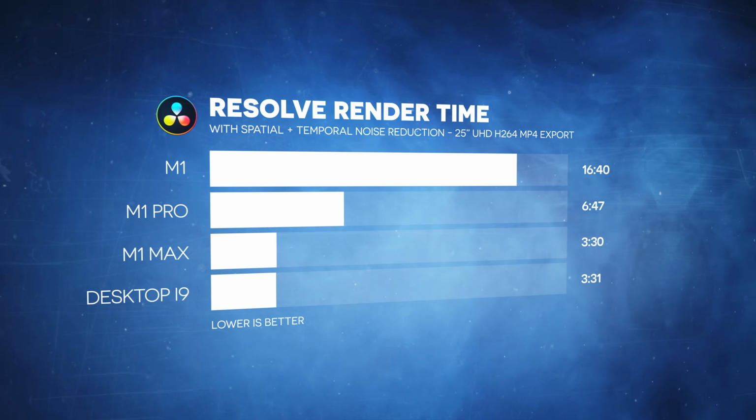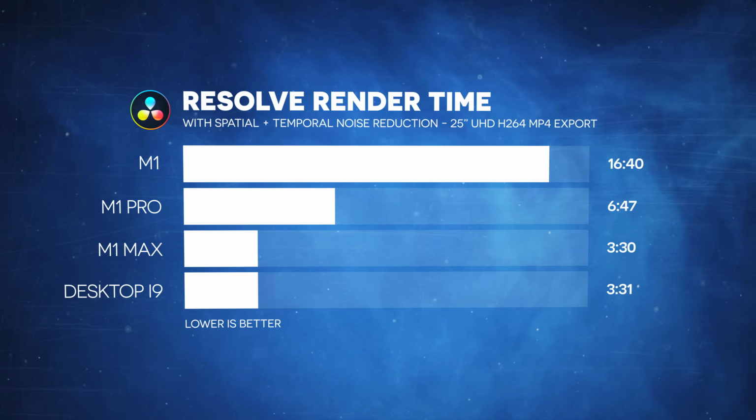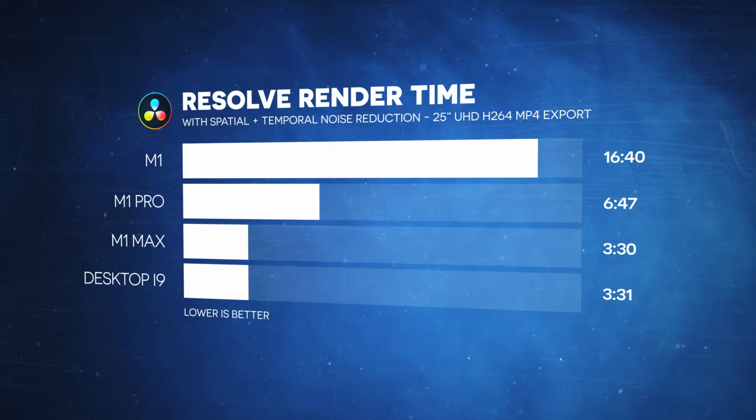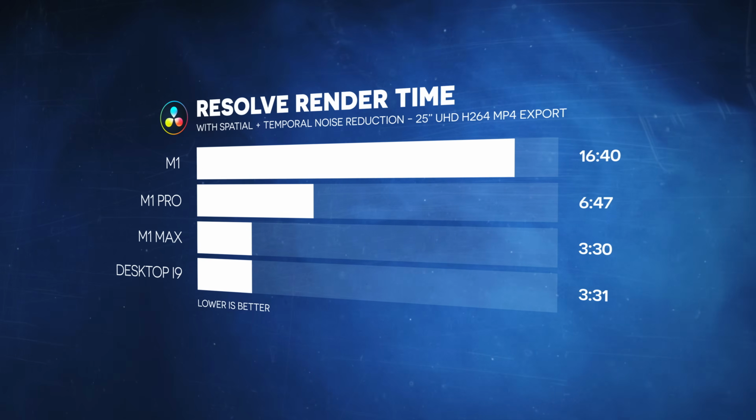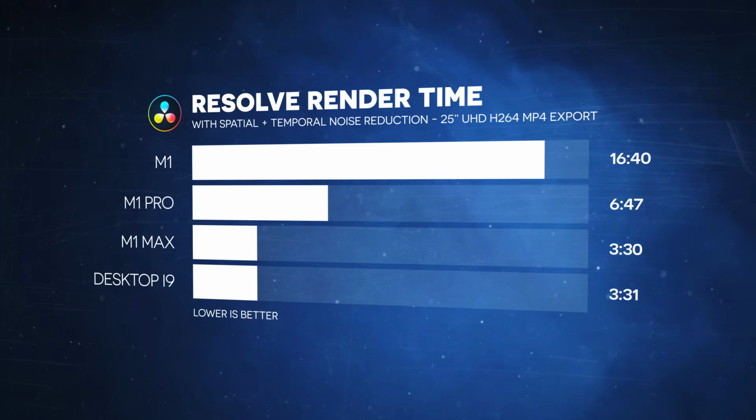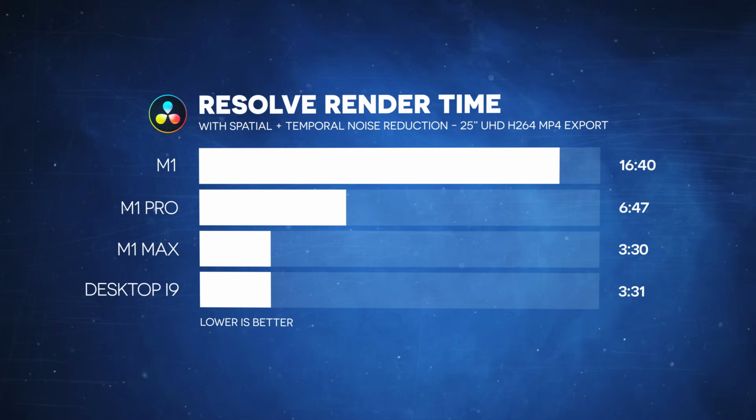Well, guess what? On that project, the M1 took around 16 minutes, the M1 Pro 7 minutes, the Windows i9 workstation 3 minutes and 31 seconds, but the M1 Max was the fastest of all, finishing at 3 minutes and 30 seconds.